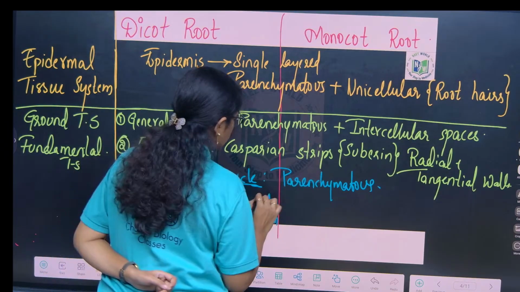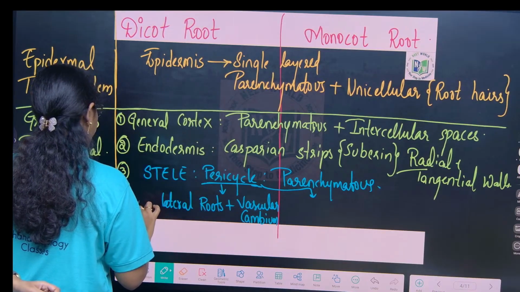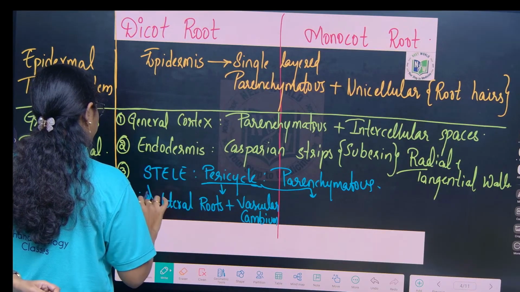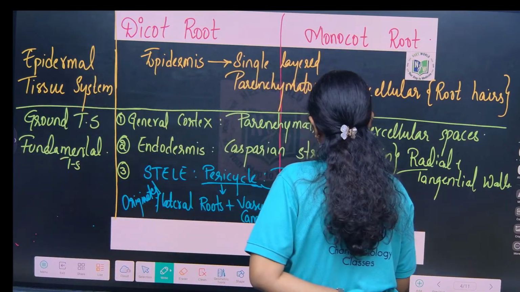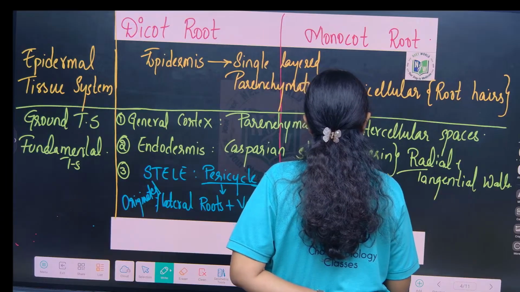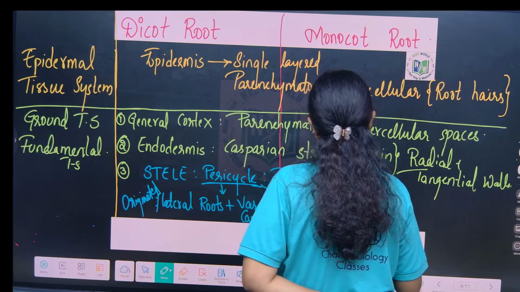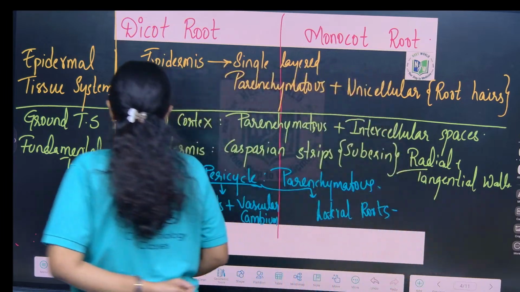Here from pericycle only, in monocots only lateral roots arise, because monocots don't have cambium. Clear? Fourth is what? Medulla.